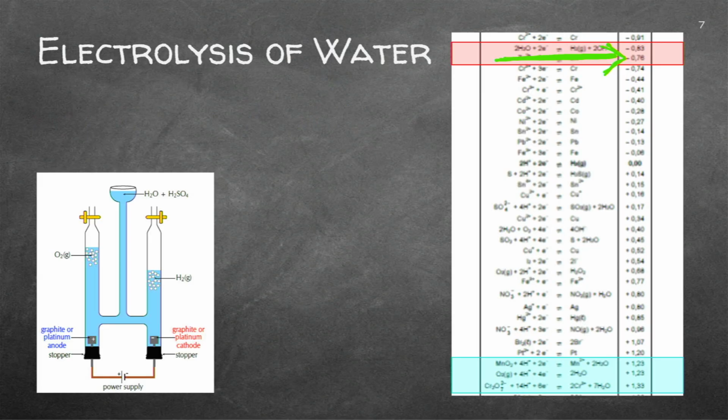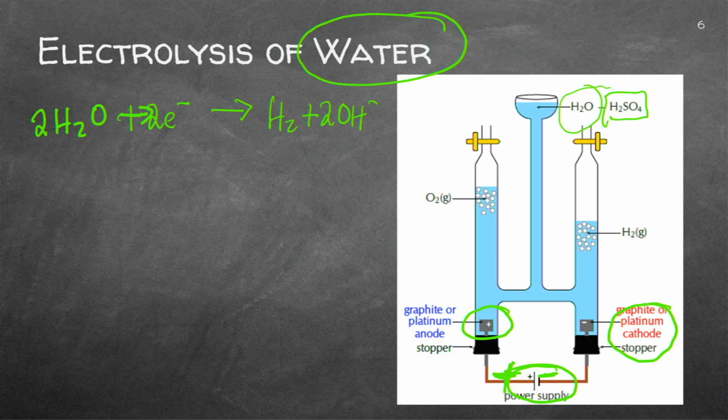And at the bottom, right here at the bottom, you'll find the other water. Now remember, this is the weak reducing agent, and that was the weak oxidizing agent. Let's write down that half reaction.